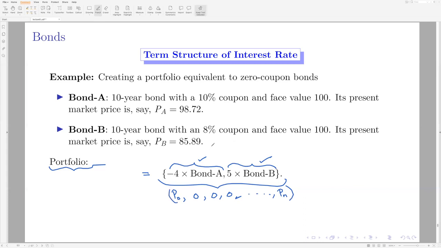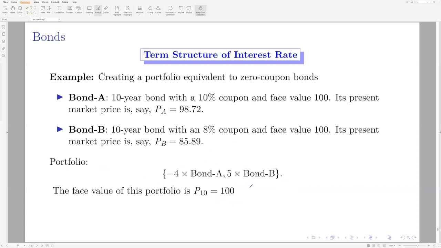How much will come? 400 will go from you at the end of the maturity and 500 will come back. Therefore, what is the face value of your portfolio? The face value of the portfolio is 100 rupees. Because 400 will go from you because you initially sold it. Therefore, at that time you have to buy.